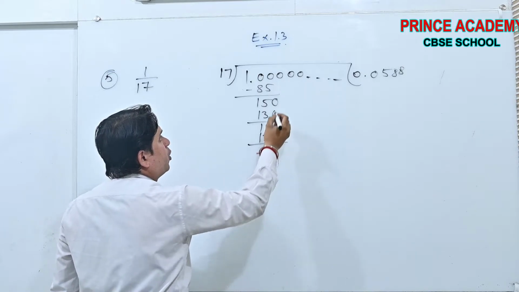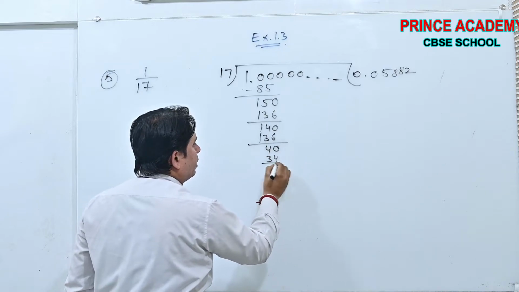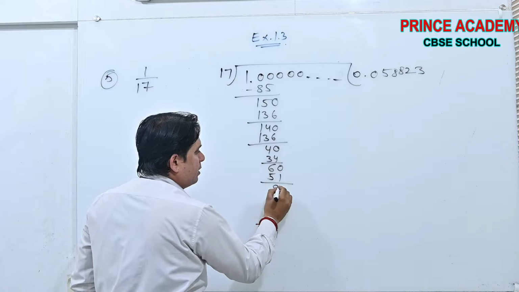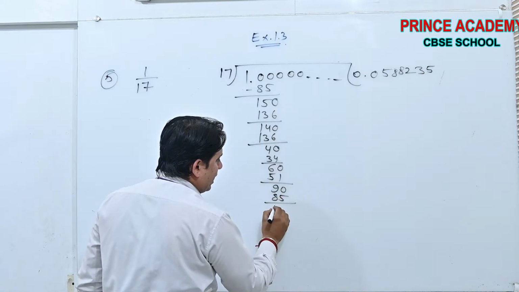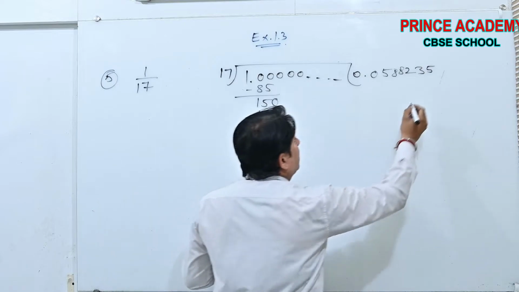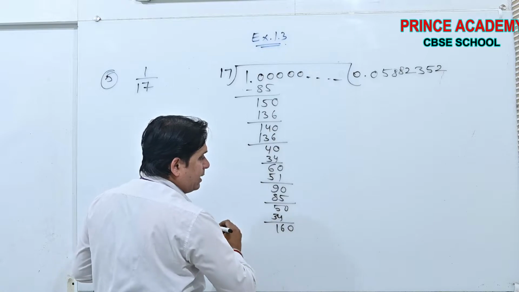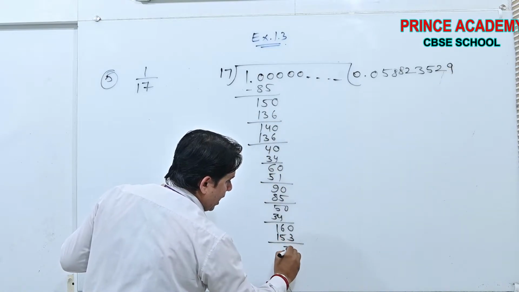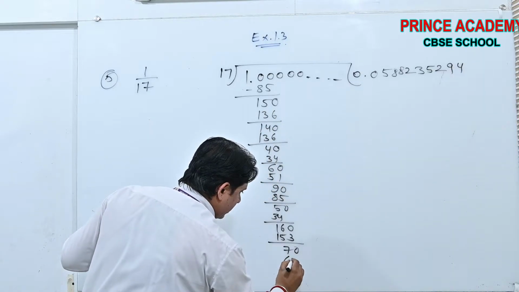Now it will be 4, 0. 17 twos are 34. 6, 0. 17 threes are 51. 9, 0. Again 17 fives are 85. Now 5, 0. 17 twos are 34. 160. 17 nines are 153. Now it is 7, 0. 17 fours are 68. 2.